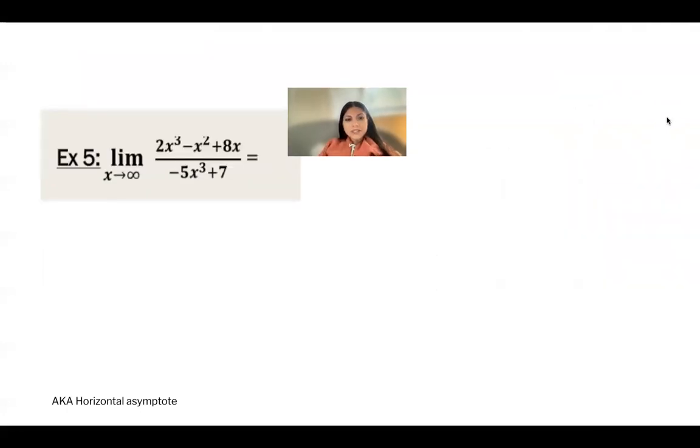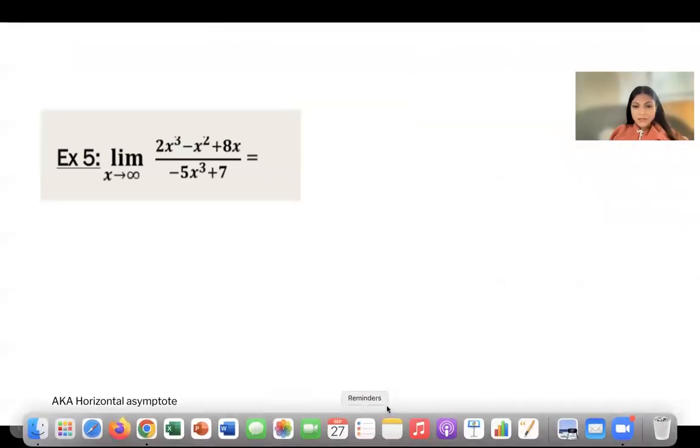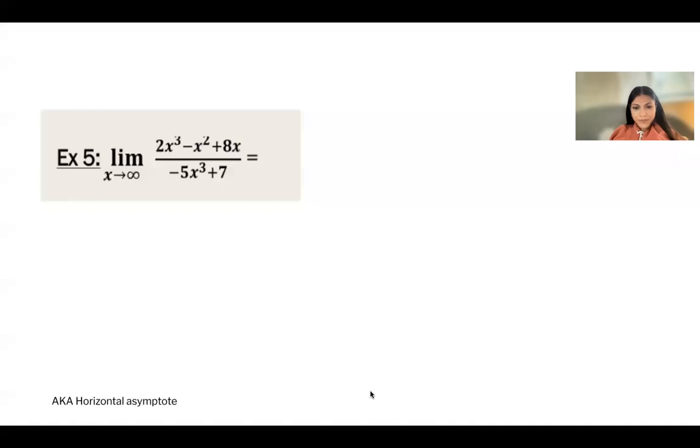Okay, next, let's take a look at this type of function. I purposely chose this one because we're going to get something other than 0. I know you're probably thinking all of these have an answer of 0, but not true. All right, y'all. We're going to do the same steps. Step 1, identify the largest degree term. It looks like here the largest degree exponent is going to be x to the 3rd power.